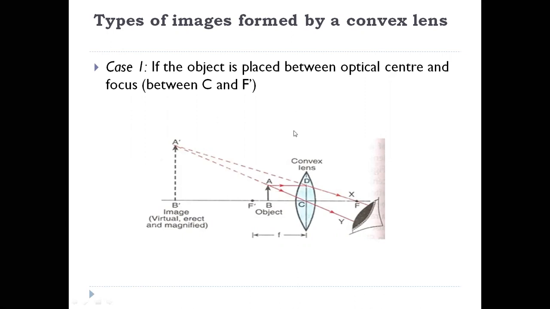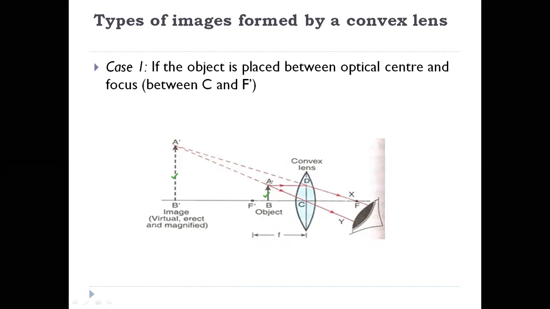First we choose the case where the object is between F and C. When the object is placed between the focus and the optical center of a lens, the image is always virtual and behind the object.